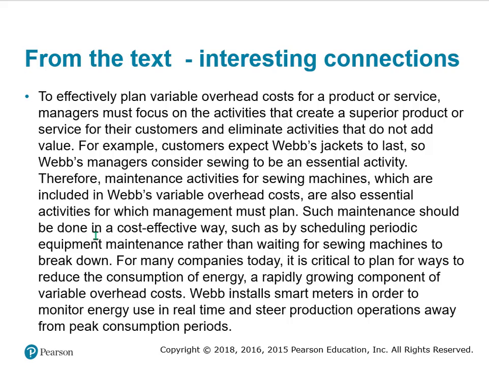And in all the companies that I've worked with, I haven't seen this actualized. I haven't seen someone plan the overhead and do it strategically. Okay, for many companies today, it is critical to plan for ways to reduce consumption of energy, that I've seen, a rapidly growing component of variable overhead costs.